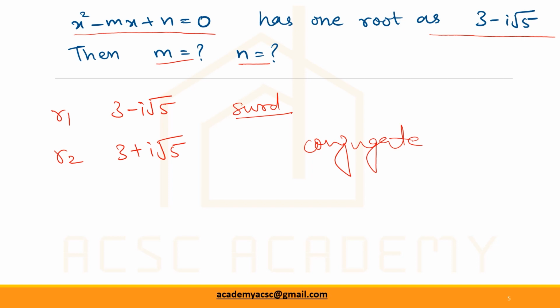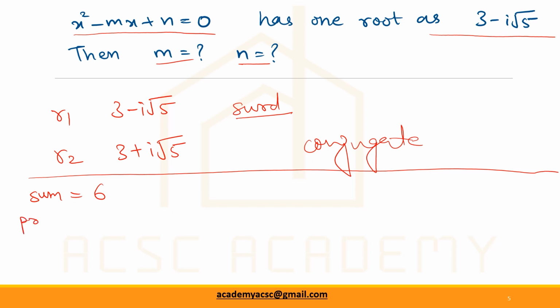Which means both the roots are known for the given quadratic. And when both the roots are known, now what is left? You can simply use the sum and the product to get the results. We will get the sum as 6 and the product as (3 minus iota root 5)(3 plus iota root 5).